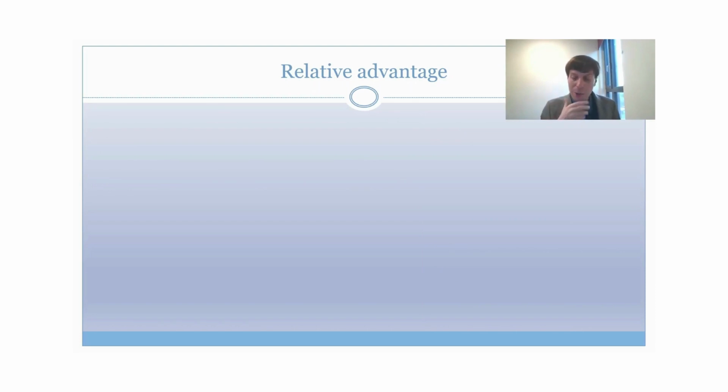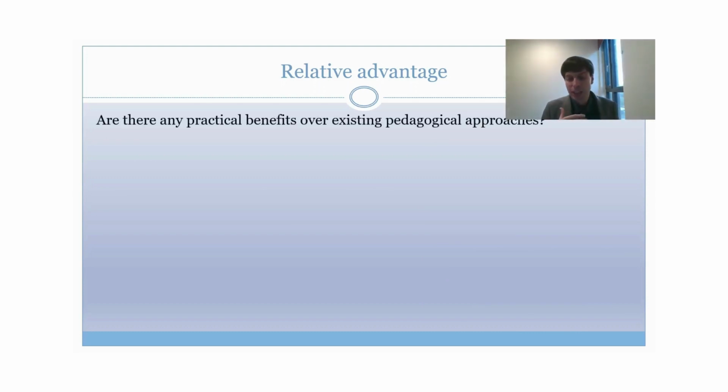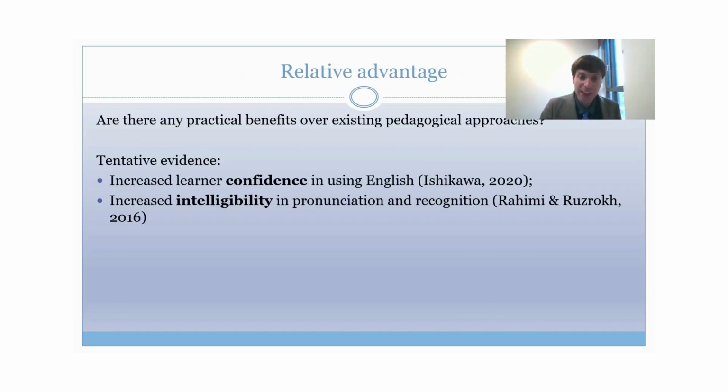Another reason why we might want to teach English as a lingua franca is whether there is any relative advantage for the learners. And by relative advantage, I mean whether there are any practical benefits for the students themselves. And while this area of the research is still in its infancy, we actually do have some tentative evidence about the advantages of learning English as a lingua franca.